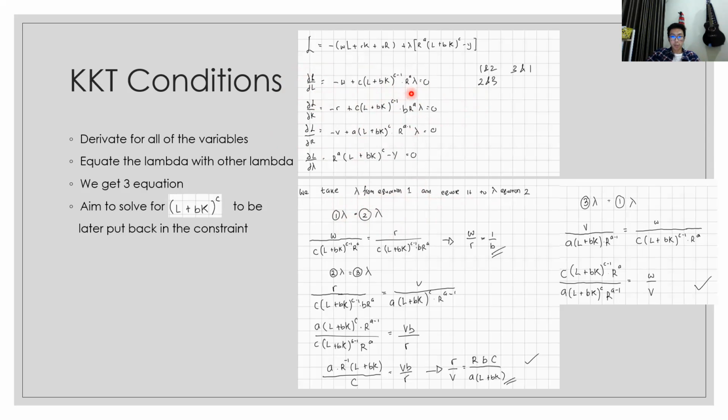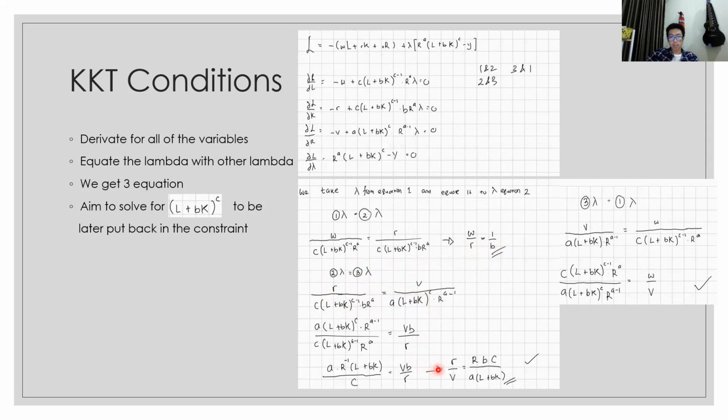If we make lambda the subject, we get W over this value equals R over this value. If you simplify, you can cancel out each of the LBK. If you cancel out all of the LBK, you get W over R equals 1 minus B. For the second and third equations, you get R over this value equals V over this value.